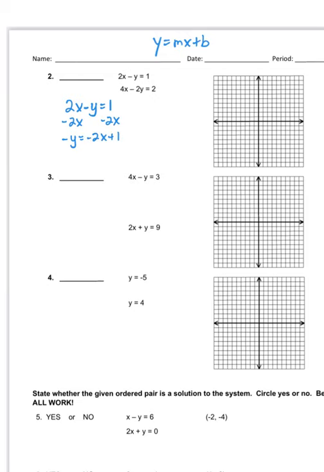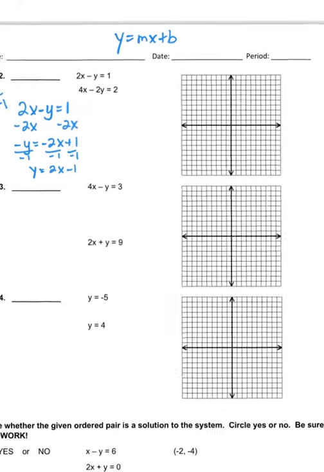Now to get y, I need to divide all three pieces by negative 1. So I'm left with y equals 2x minus 1. My slope is 2 and my y-intercept is negative 1.